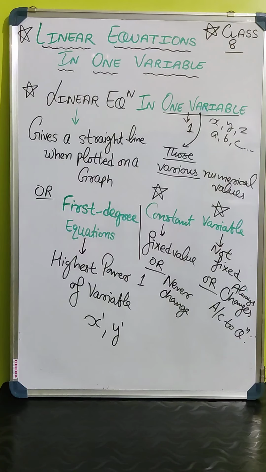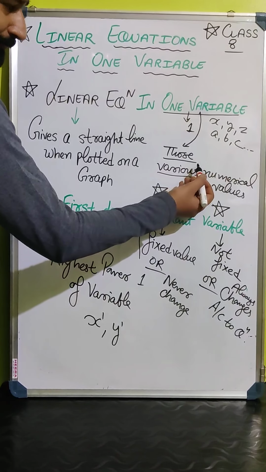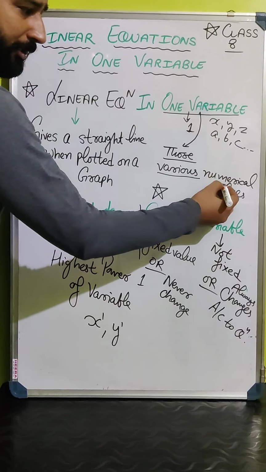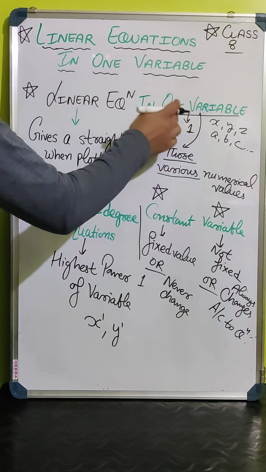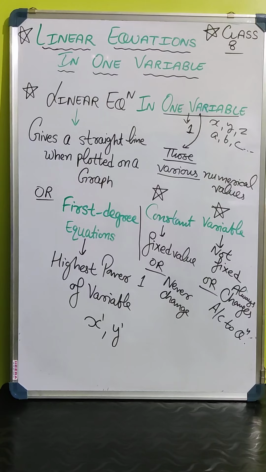And variables never have fixed values, as we discussed earlier. Those numbers which have different or various numerical values are known as variables. Understood?